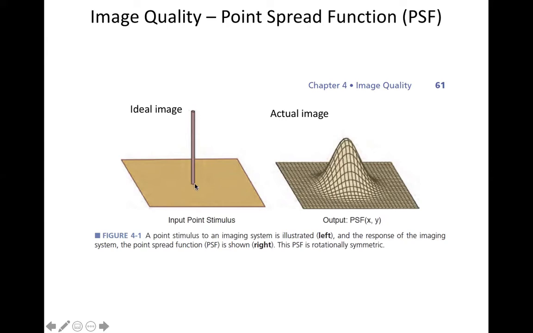When I image that object with my system, I get a blurred point, it has some width, and if these are the pixels, it covers a number of pixels in 2 dimensions. This function, the image of that point object, is called the point spread function. Let me put on my laser pointer here. And it has a spatial dimension or a spatial width.